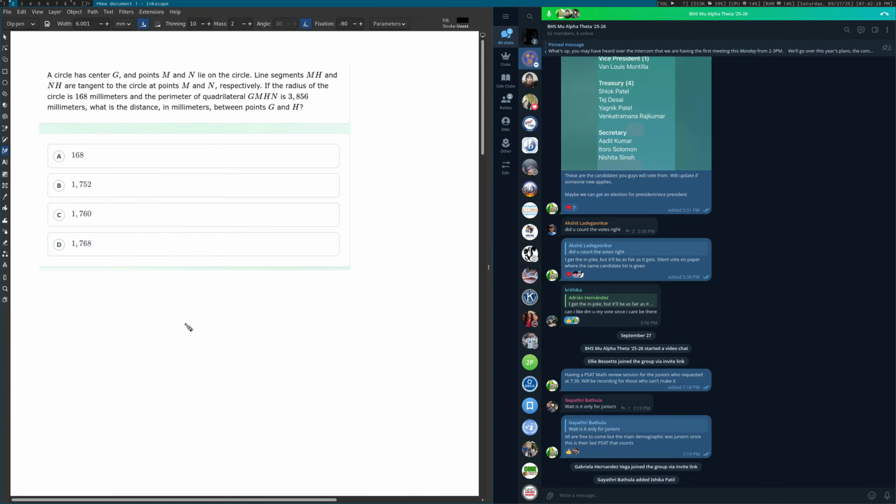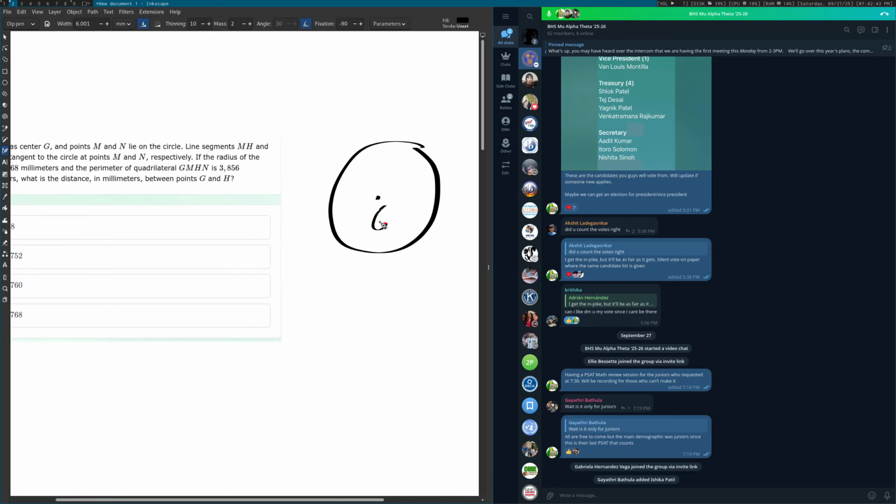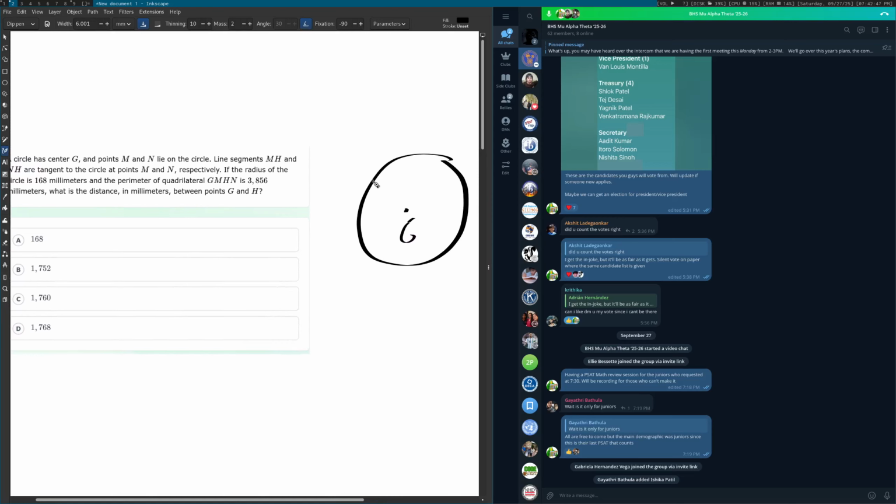We've got some circle here. I'm trying to capture my mouse pad here. Okay. And we've got G at the center. Okay, let's also add in M here.